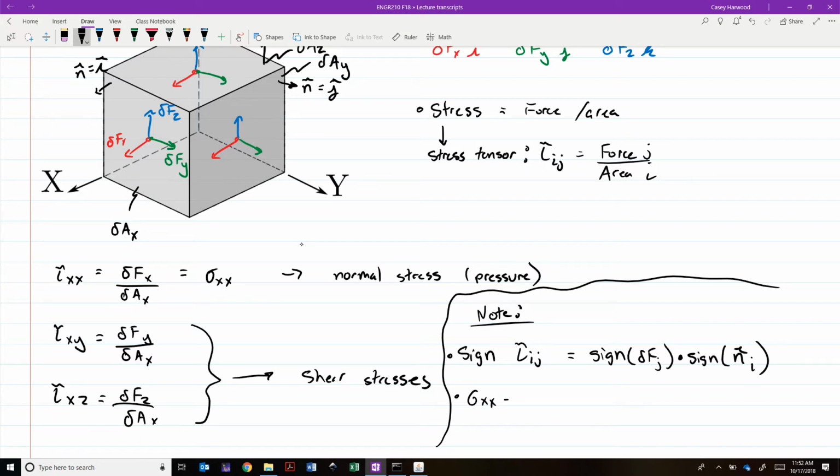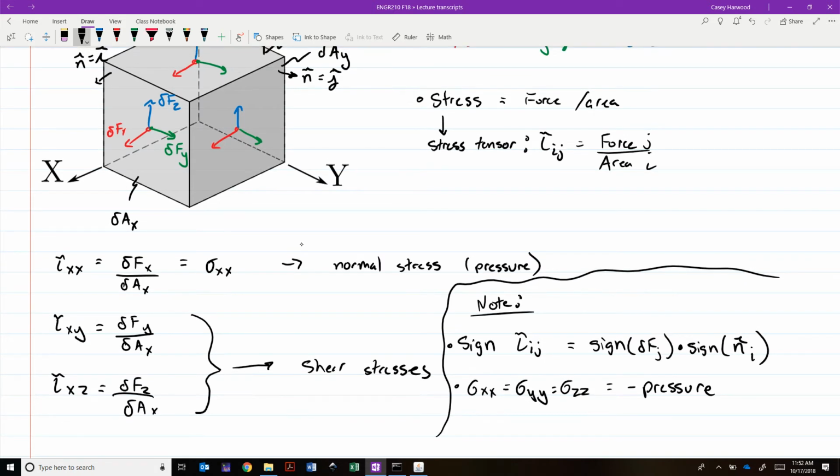Sigma xx is equal to sigma yy is equal to sigma zz, which is the negative of the pressure at a point, and tau ij is equal to tau ji.